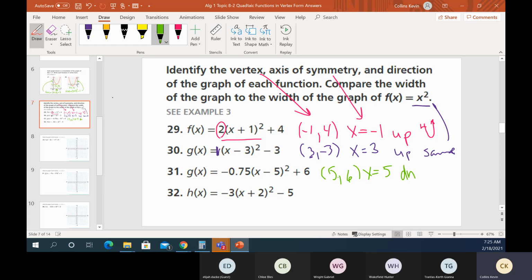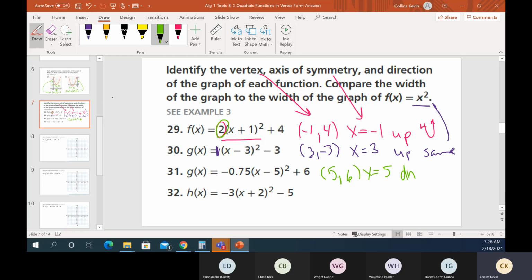And now we've got 0.75. It's negative, and then it's 0.75. So is this graph going to be wider, skinnier, the same as x squared? What do we think? We can break out the Desmos if we need to on this as well. Skinny is usually when we have a number like 2. Here we've got a fraction between 0 and 1.